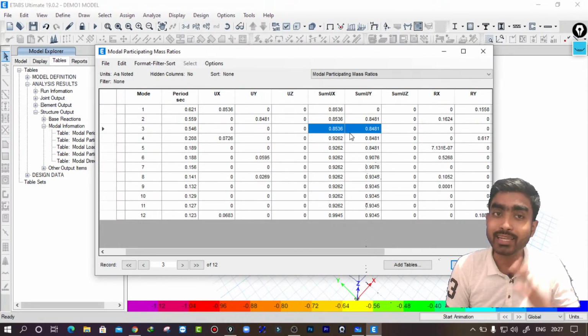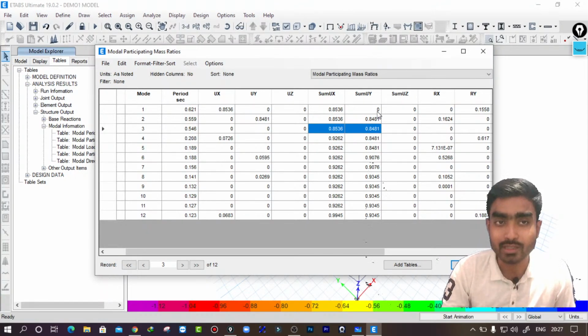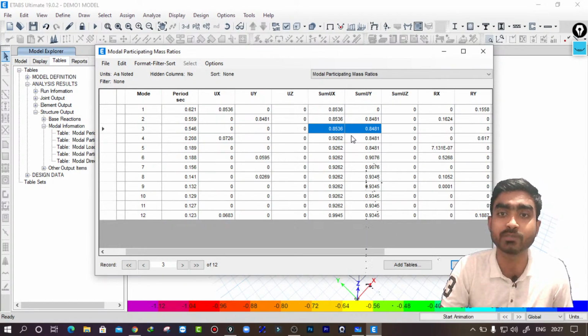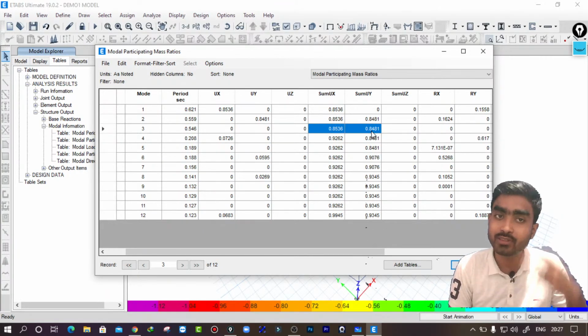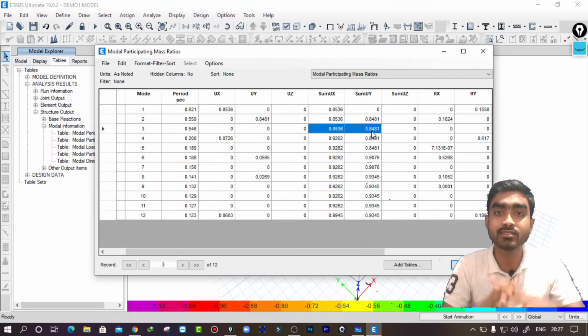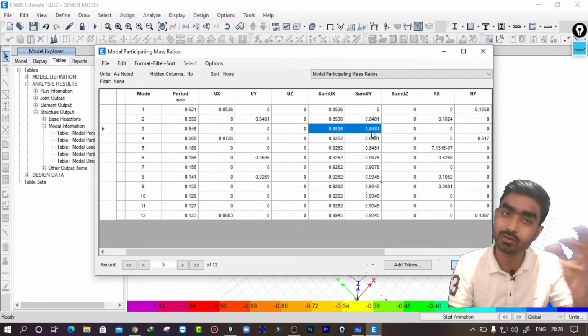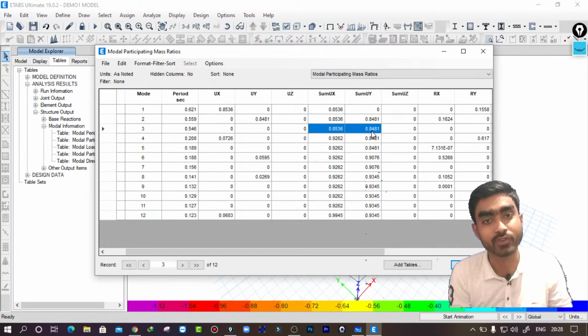The code says the dominating modes in each direction, but the practicing engineer says that for the first three modes, the cumulative value of the mass participation should be 65%. That means according to them, in the third mode itself we should cover examining 65% of the total behavior of the structure under free vibration. So they have one philosophy, the code has another.